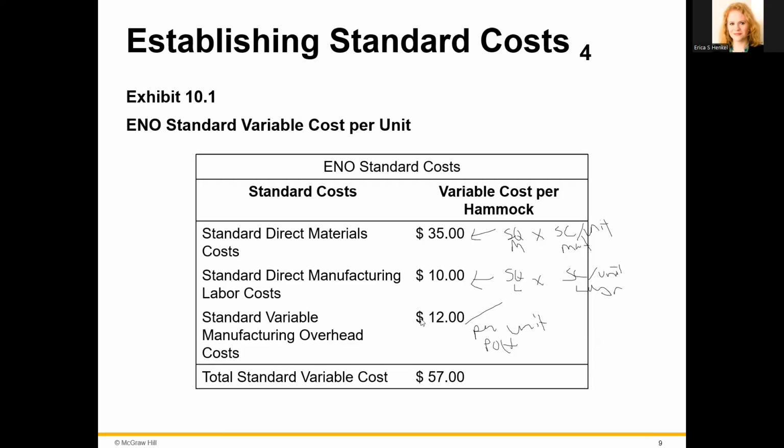And this part actually ends up being the least amount of difference in this particular chapter because we've already done quite a bit with predetermined overhead rates in prior chapters. All right.